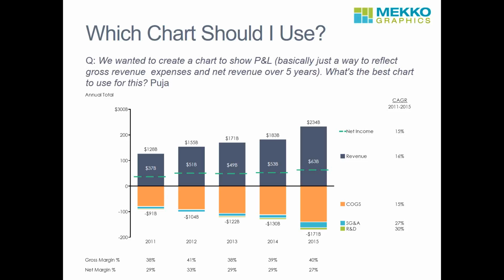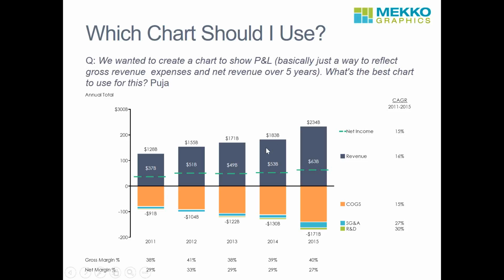One of the questions that we've gotten several times, we just took Pooja's version of the question, is I've got some P&L data, profit and loss data, for several years, and I want to show trends over time in profits, in revenues and expenses. The chart that we recommend for that is a simple stacked bar chart with a couple of features added.